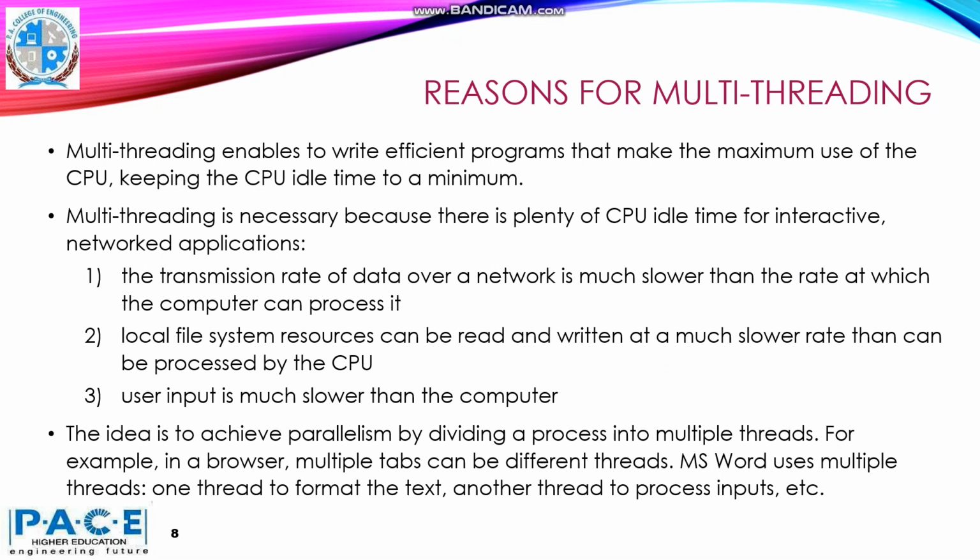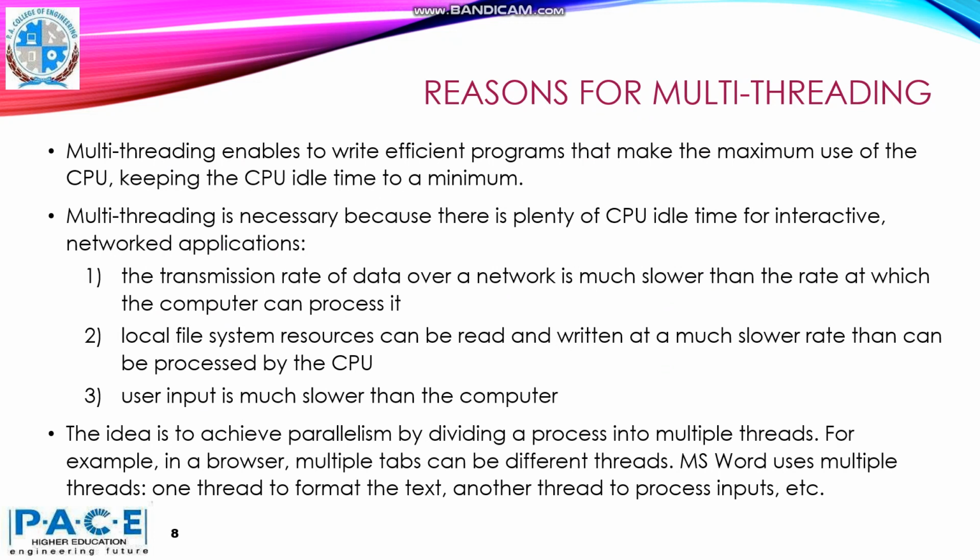What is the reason for going for multithreading? Multithreading enables us to write efficient programs that make the maximum use of the CPU, keeping the CPU idle time to a minimum. Multithreading is necessary because there is plenty of CPU idle time for interactive network applications.